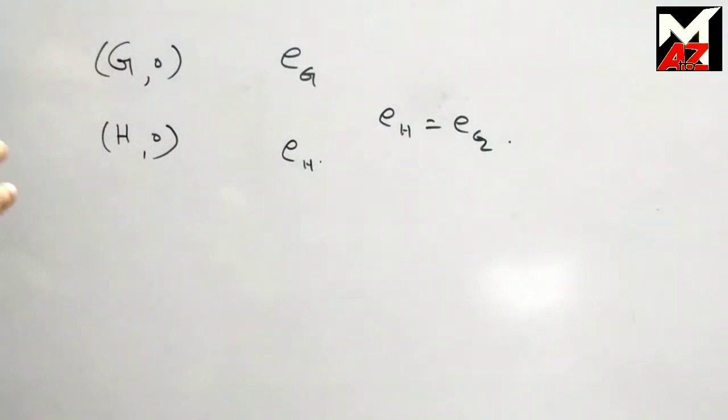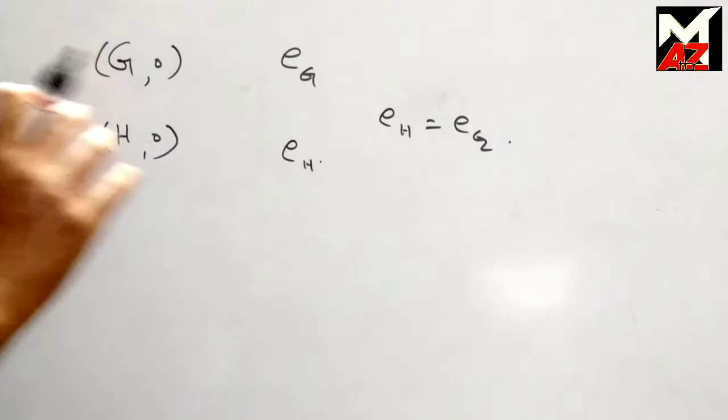Okay, so in the form of a theorem we say that in all subgroups the identity element is the identity of the group. Now we prove this result.